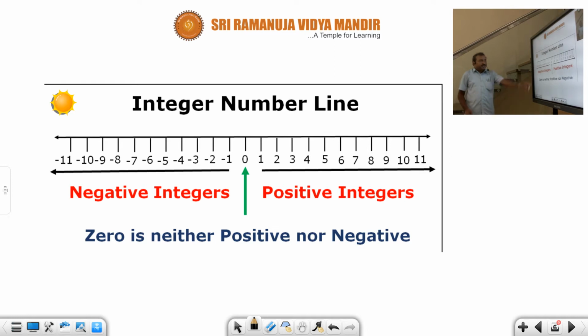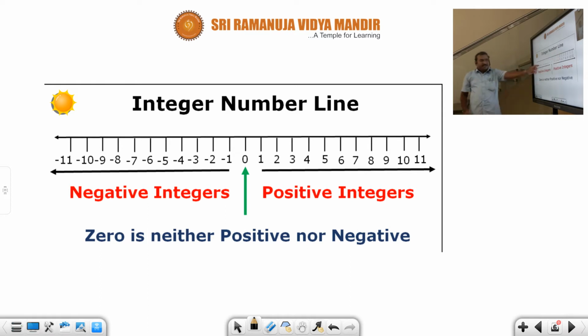See here, representation of integers on a number line. How do we represent these integers on a number line? This is called a number line.